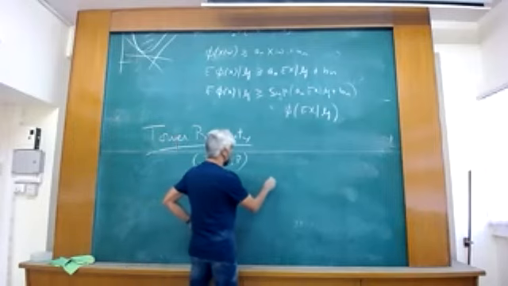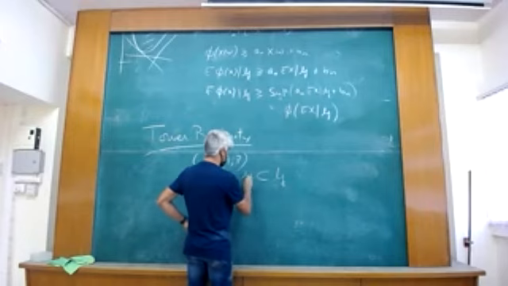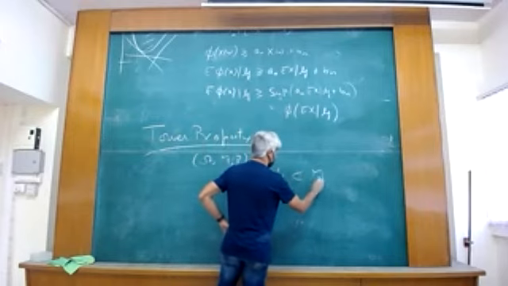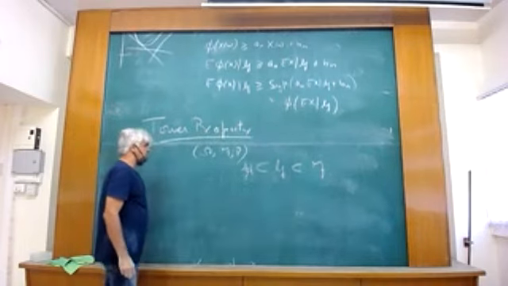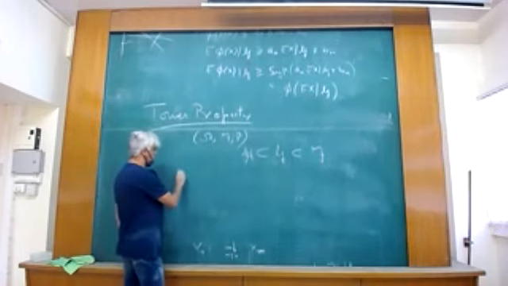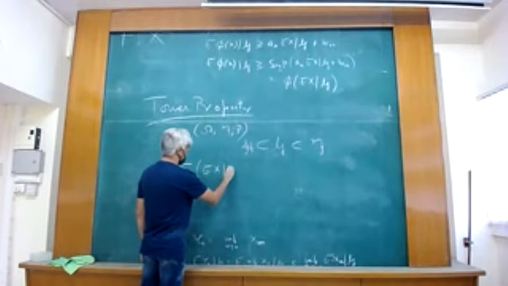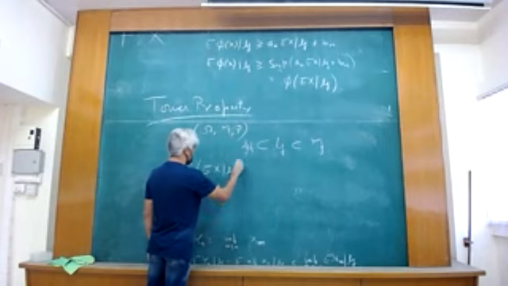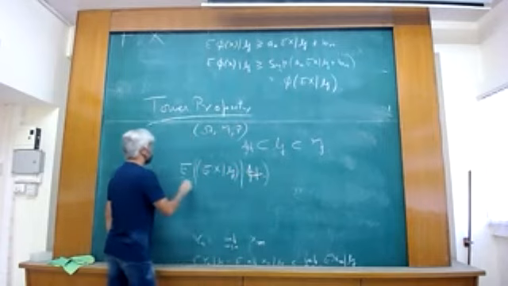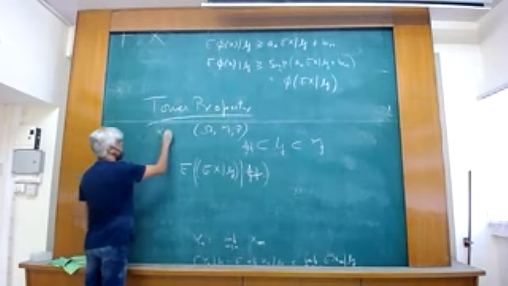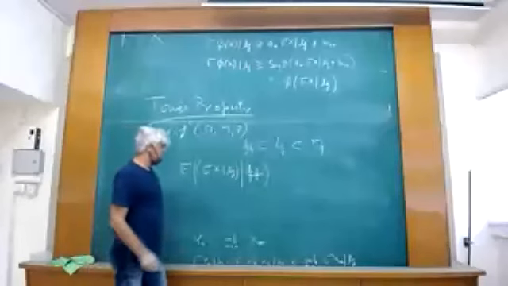Now we have a sub-sigma algebra G and a sub-sigma algebra H. And the question we ask is, what's the conditional expectation of the conditional expectation of X?